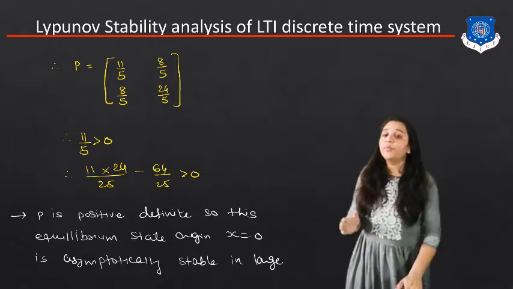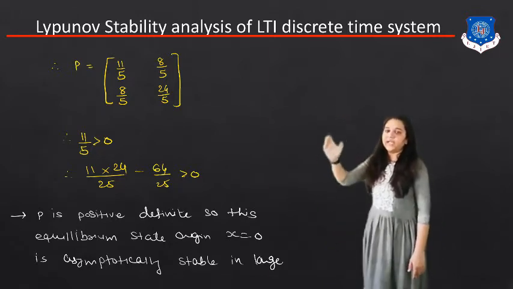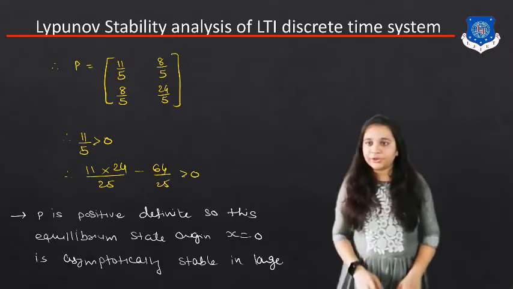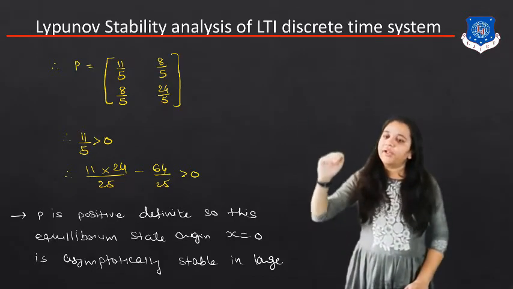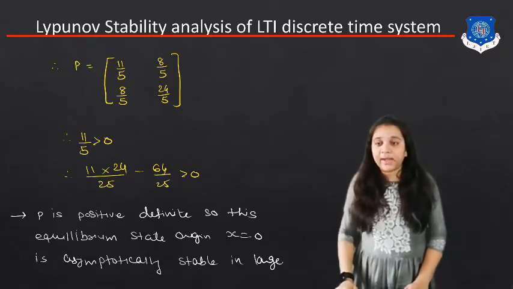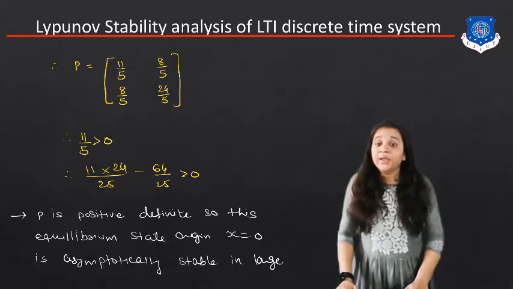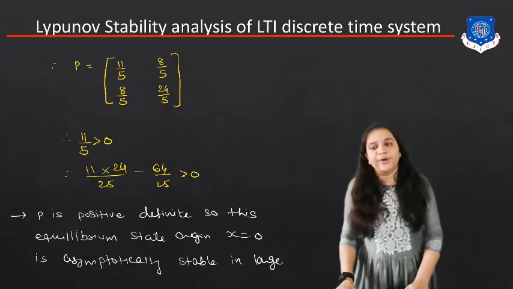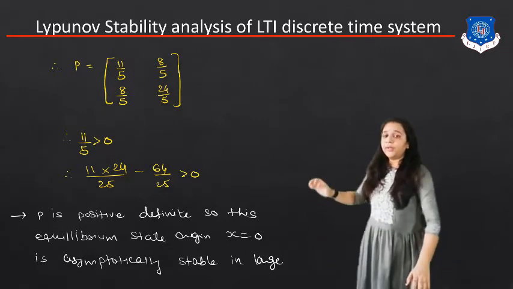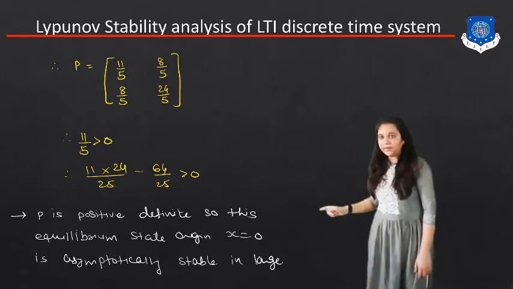Next, is the mod of the matrix 11 by 5, 8 by 5, 8 by 5 and 24 by 5 greater than 0 or not? So 11 into 24 divided by 25 minus 64 divided by 25, and if we simplify this term we get the answer in positive form. So it is also greater than 0. So whatever P matrix we have here, it is positive definite.